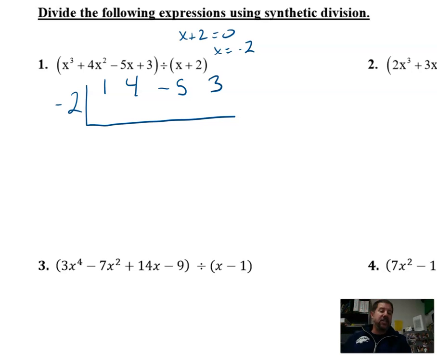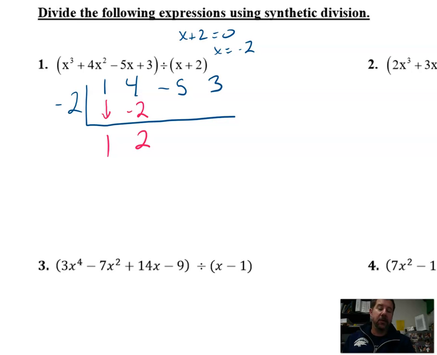When I'm doing that, again, just like before, I'm being very careful. If I were missing a term, just like yesterday, I need to add a 0. In this case, I'm not, so I'm good to go. And now we're going to do our synthetic division just like normal. Bring down the first one. Multiply is negative 2.